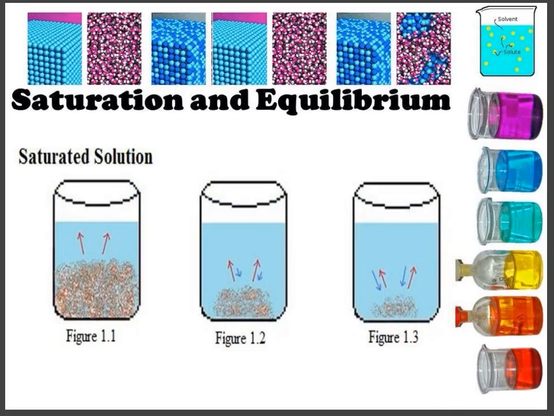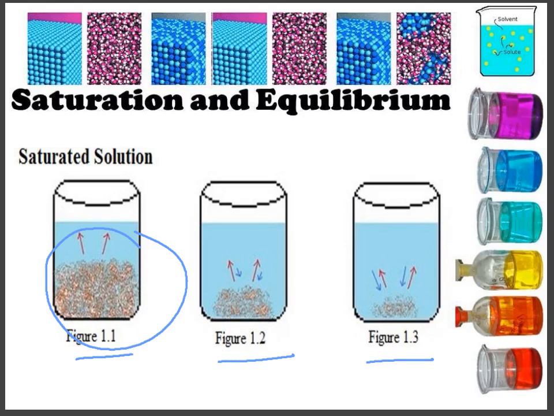To be specific, let us first have what we call the saturated solution. In figure number 1, we have a lot of particles here. Given a lot of particles, this figure illustrates an example of a saturated solution. In figures 1 until 1.2 until 1.3, there is a constant amount of water in all these beakers.